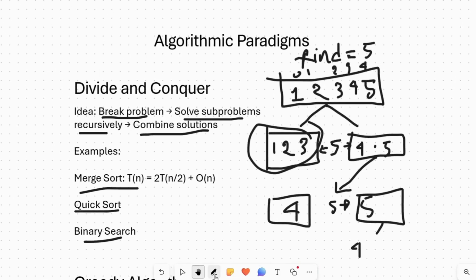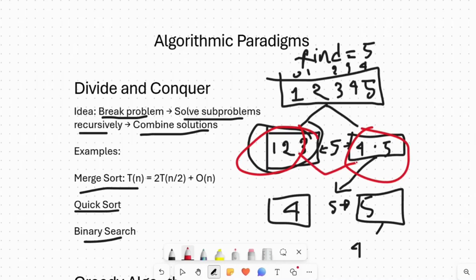One important thing I need to tell you: in divide and conquer, when we divide this part and this part, these two parts are not dependent on each other. And here and there also they are not dependent on each other.